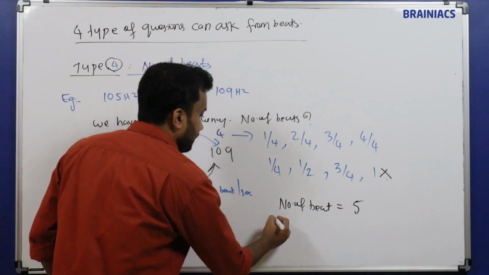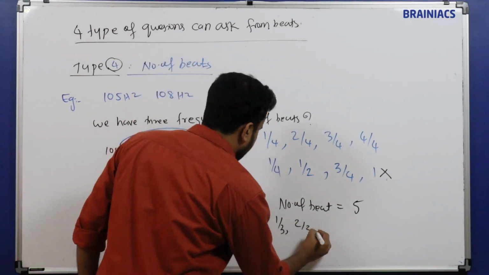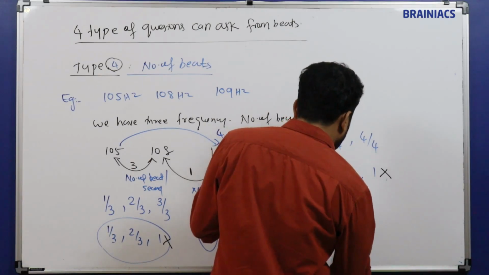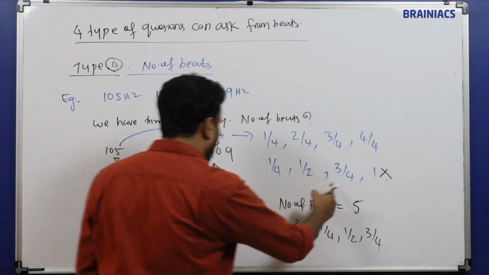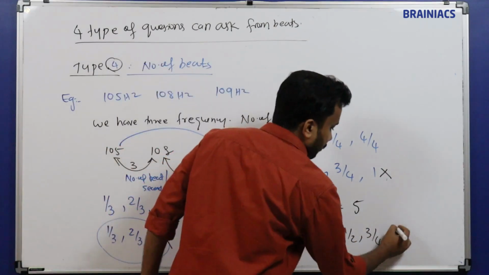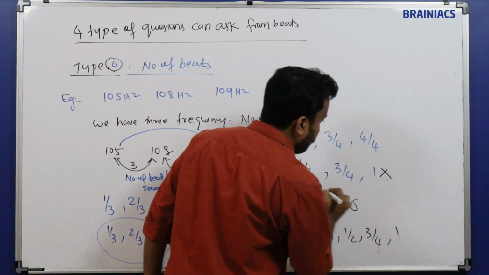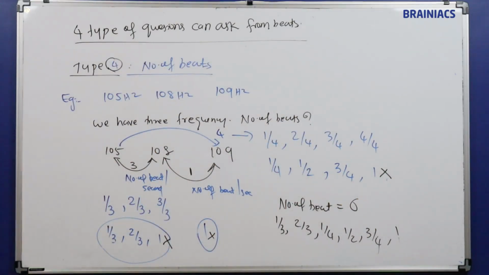What are the things that will be here? 1/3, 2/3, then പിന്നെ 1/4, 1/2, 3/4, പിന്നെ കോമൺ ആയിട്ടുള്ള ഒരു വണ്ണും കൂടി. അപ്പോൾ ടോട്ടലായിട്ട് 1, 2, 3, 4, 5, 6. ടോട്ടലായിട്ട് 6 ബീറ്റ്സ് ആണ് ഇതിനകത്ത് പ്രൊഡ്യൂസ് ചെയ്യുന്നത്.